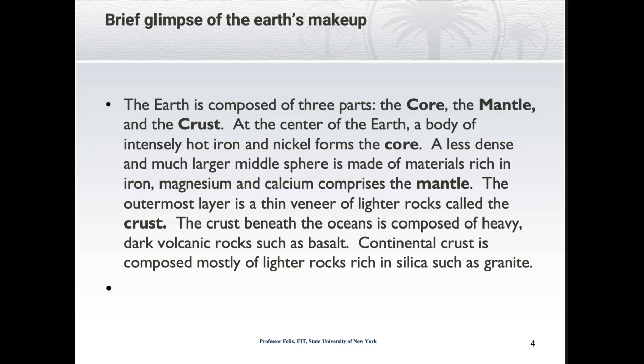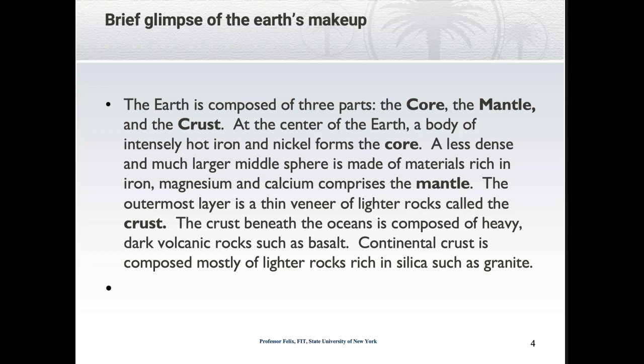And a less dense and much larger middle sphere made up of material rich in iron, magnesium, and calcium comprises the mantle. The outermost layer, a thin veneer, is considered to be the skin.